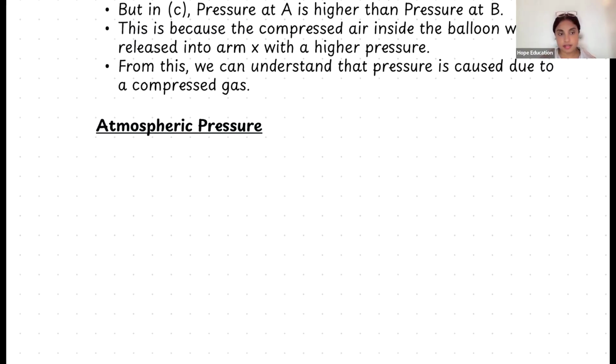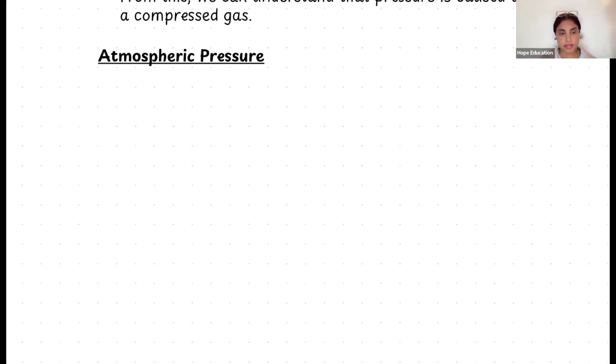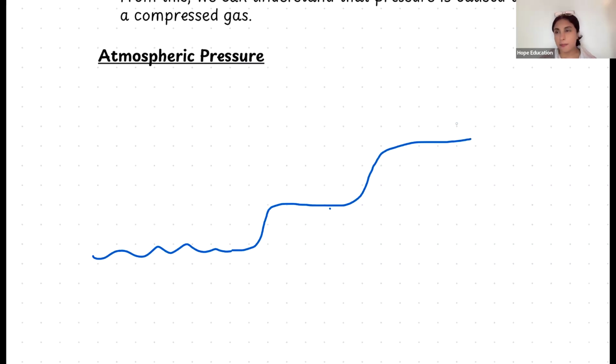Let's think of it like this. This is sea level, let's say Colombo. Then let's go to Nuwara Eliya, the up country, where the altitude is higher. Now let's make it hypothetical and say this is Mount Everest.